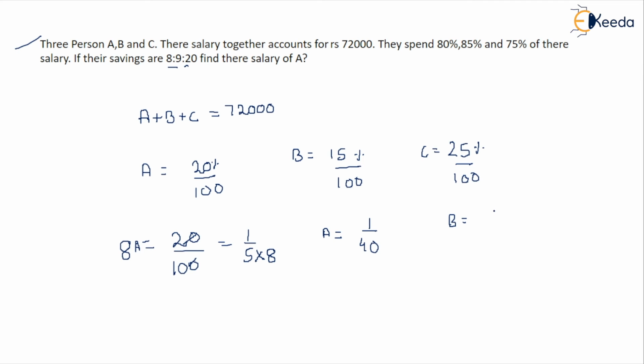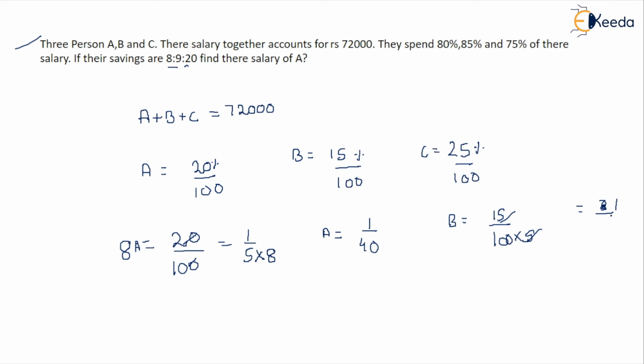Similarly, B, 15 by 100. Now I know that the saving of B is 9. So I can simply divide it by 9. This can be divided and this comes out to be 3 upon 9. Again, it can be cut by 3.